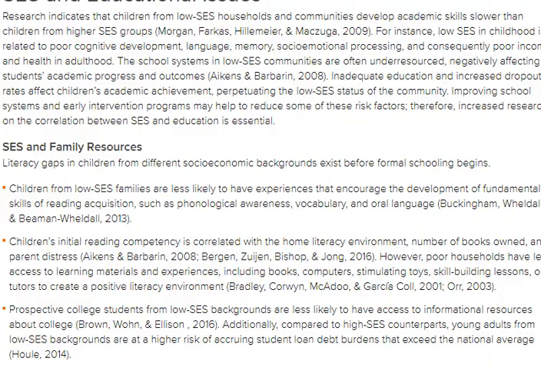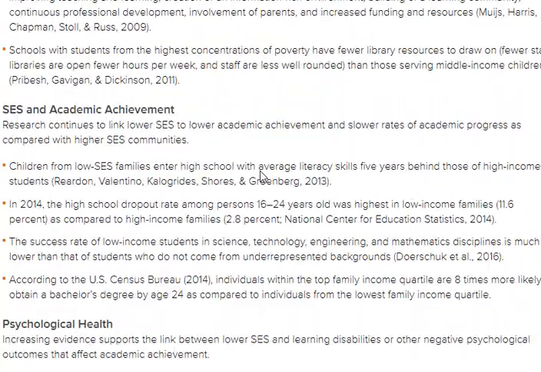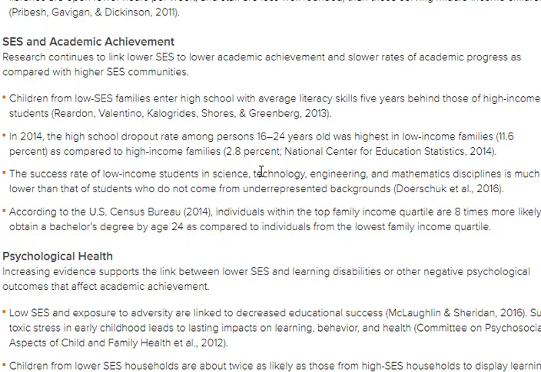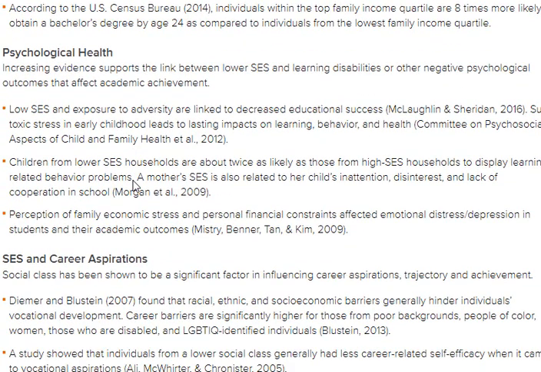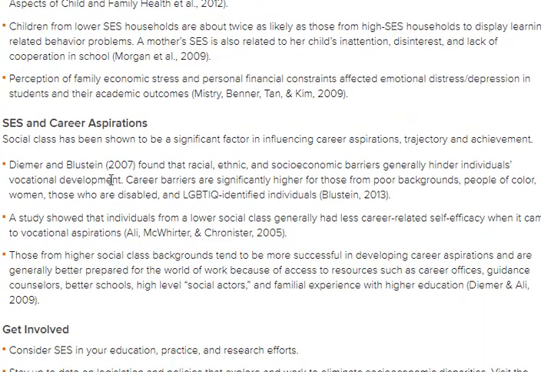But there are so many different things that it affects. First it explains what the resources are, but it affects academic achievement, it affects dropout rate, it affects psychological health, career aspirations. You can see this study found that socioeconomic barriers hinder people's vocational development, literally in terms of what they want to do.